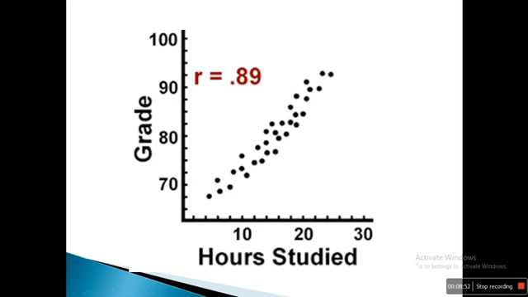Now, let's take one example where you can see hours studied is related to the marks obtained in terms of grade. You can see 70, 80, 90 and 100%, and hours studied in terms of 10, 20 and 30 hours. So here you can see that as the number of hours studied increases, the grades, the percentage, increase. With 10 hours studied, the percentage is 72.